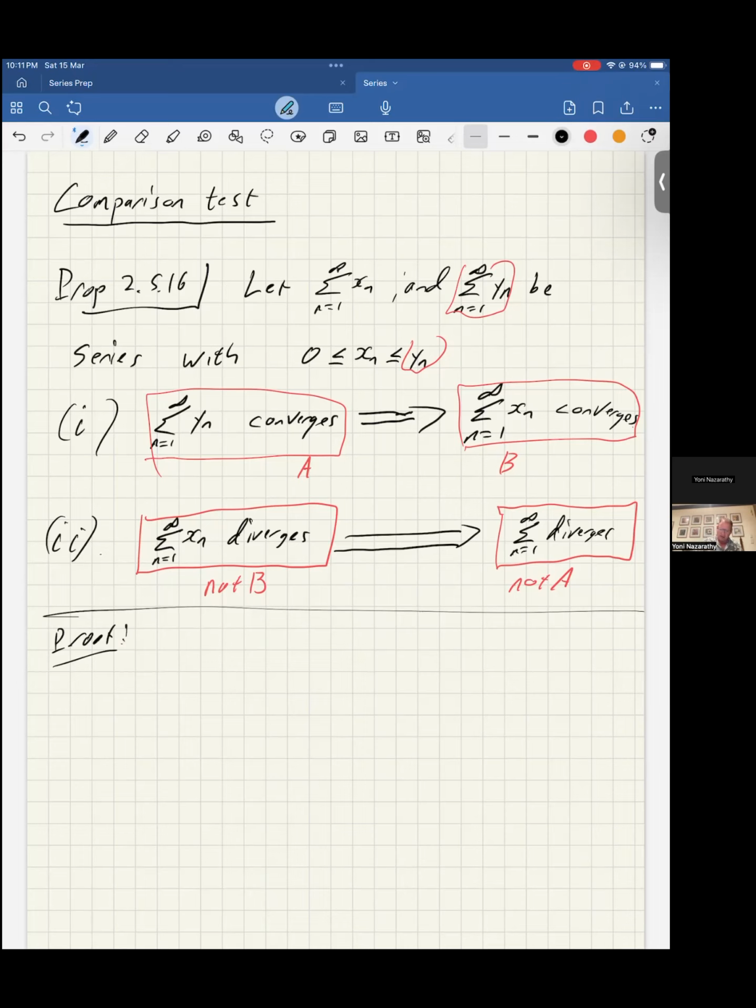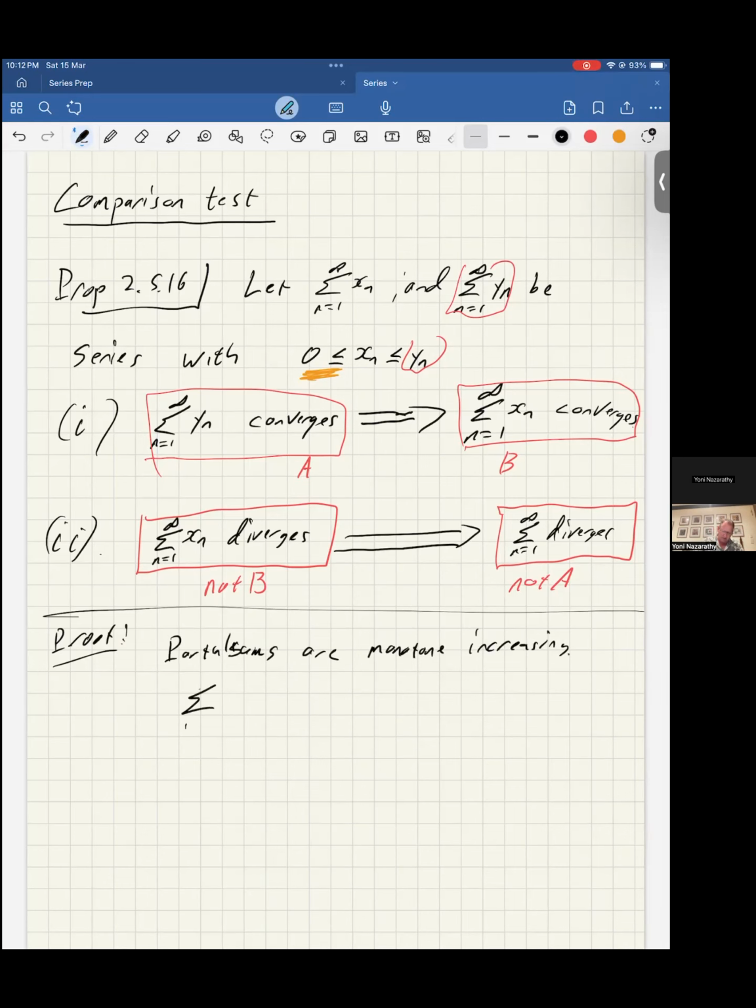Now, the crucial assumption is that all of the terms, both the xn and yn, are non-negative. So partial sums are monotone increasing, because we're talking about series of non-negative terms.